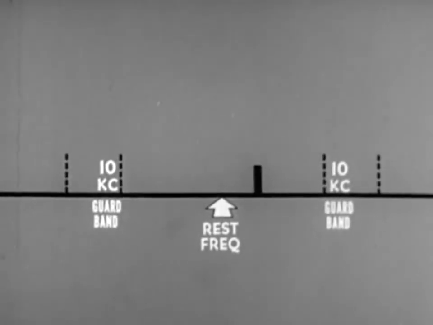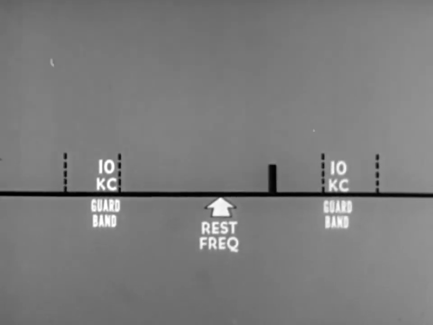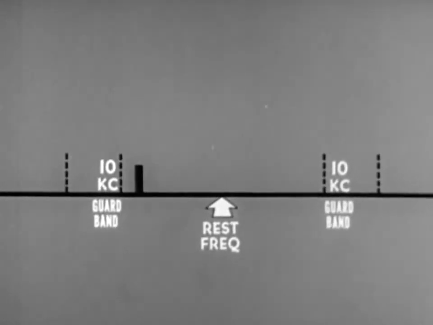This typical channel will allow the carrier a 15 kilocycle deviation above and below its rest frequencies.